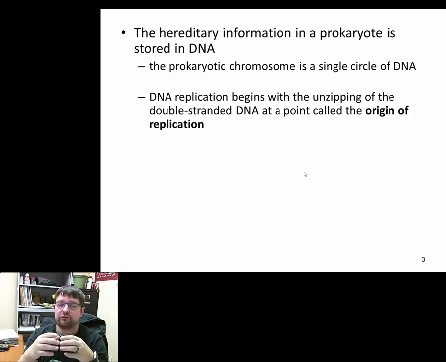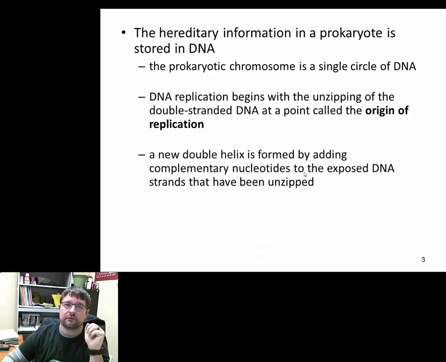But that region where that starts to happen is called the origin of replication in prokaryotes. From that origin of replication, in both directions, new strands of DNA are being added. And so basically you're adding complements to the old strand.